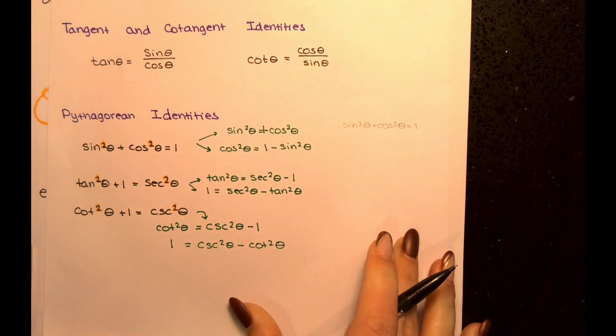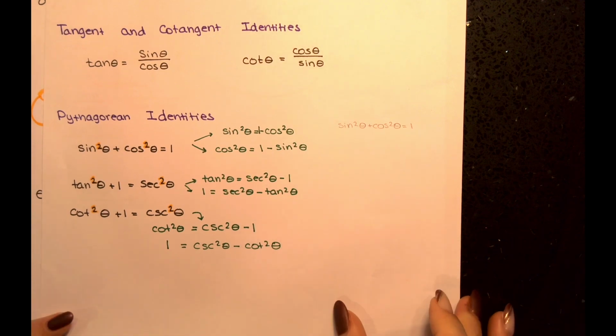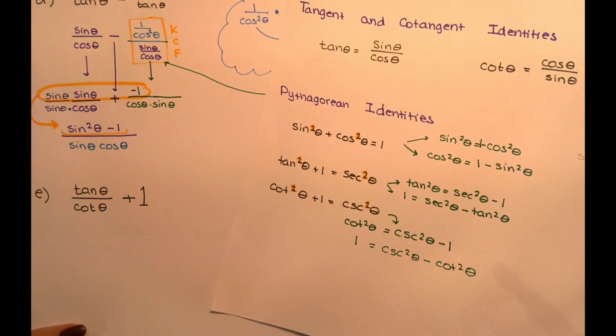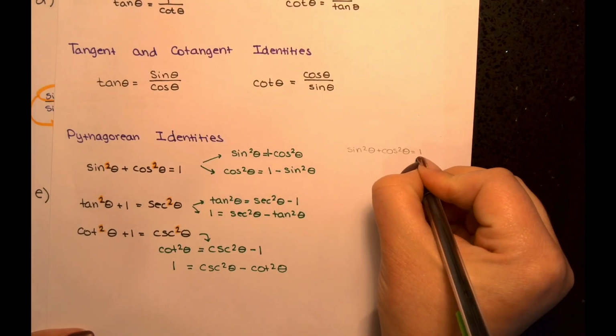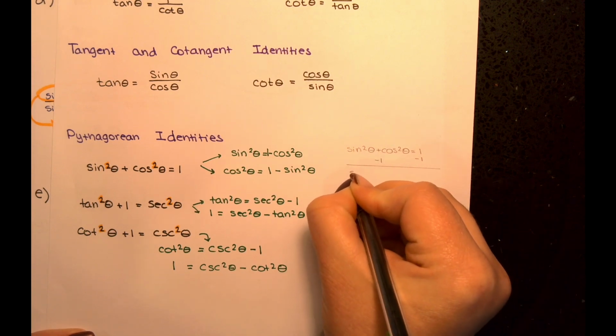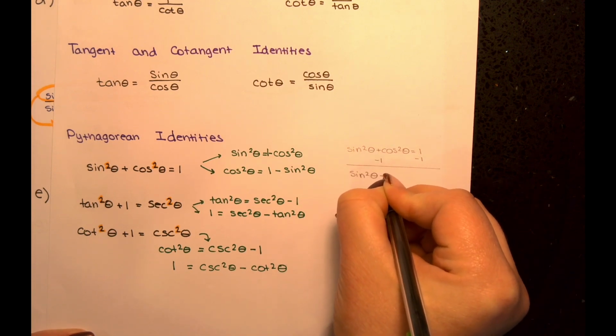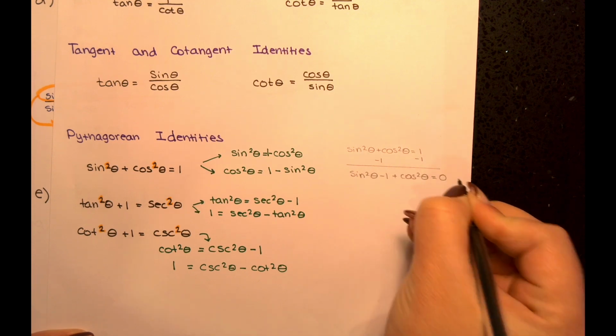You can do this off the side of a sheet of paper. I'm obviously doing it on my Pythagorean identity sheet. And what do we want? We want sine squared minus 1. So if I subtract 1 from both sides, I get sine squared of theta minus 1 plus cosine squared of theta equals 0.